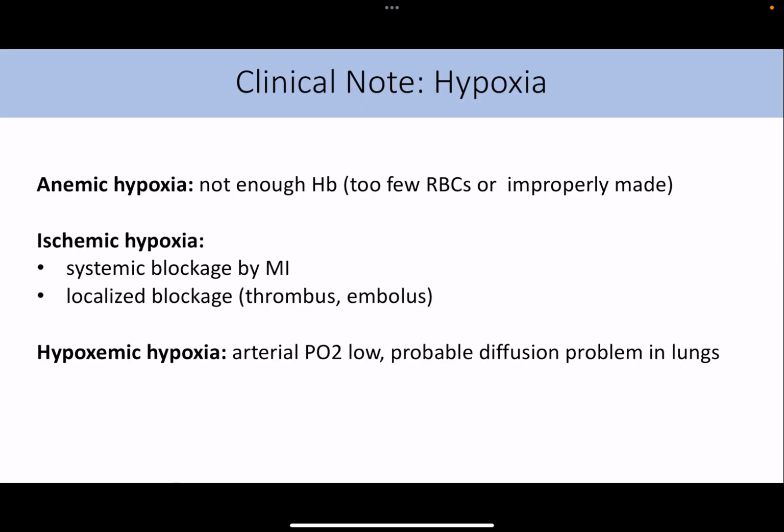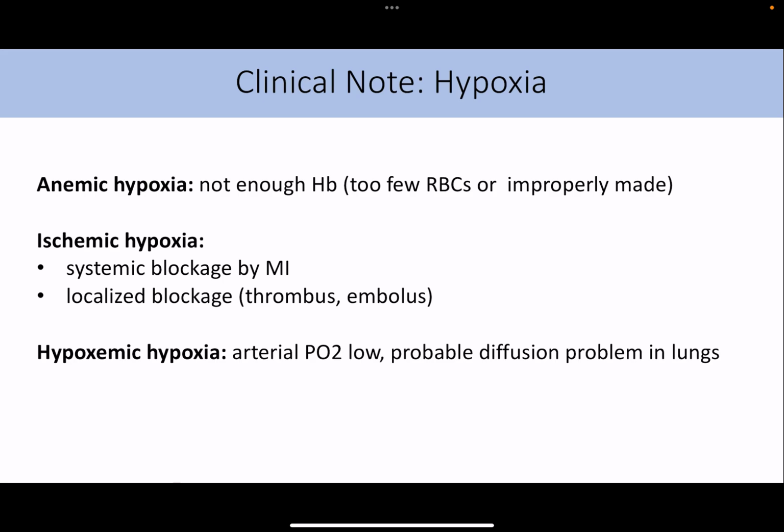So, different types of hypoxia. You can have anemic hypoxia, where you're not getting enough oxygen to your tissues because you don't have enough hemoglobin, which means that you have too few red blood cells, or they're improperly made.